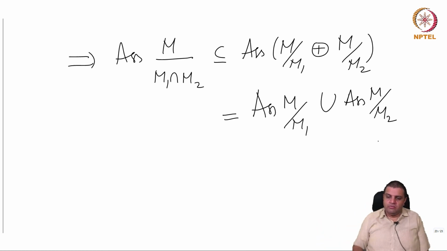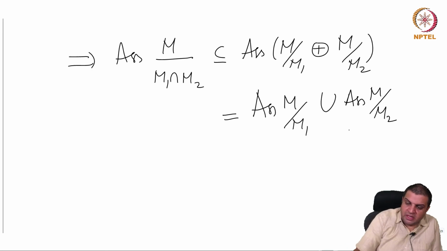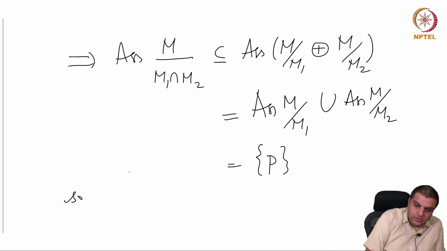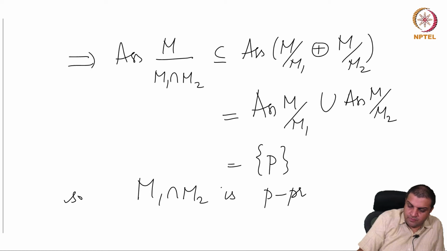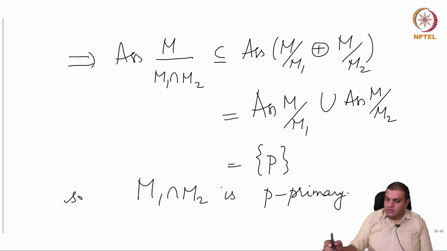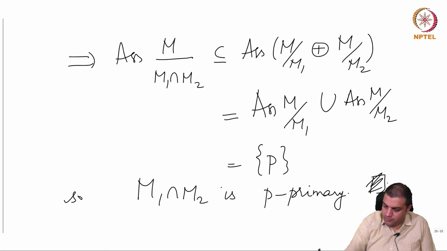Both these are primary to the same P, so this is P. So M1 intersect M2 is P primary. Okay. This is what we wanted to prove.